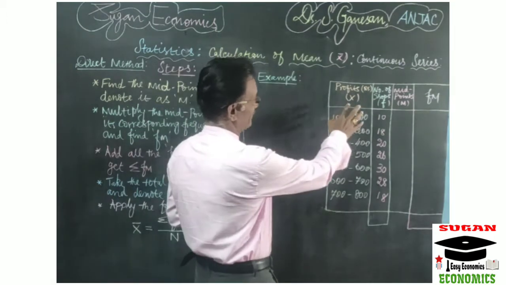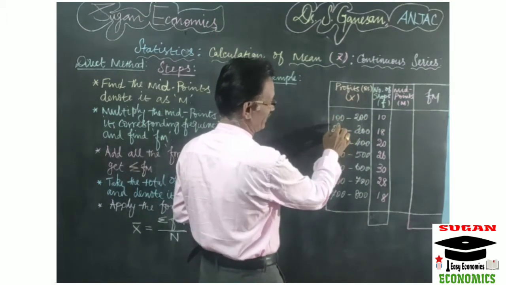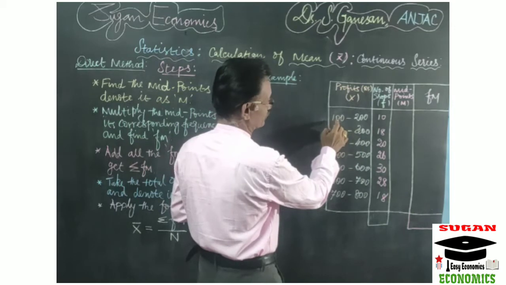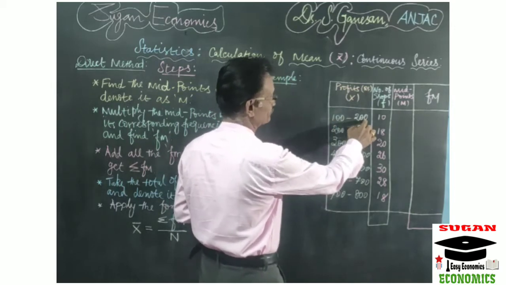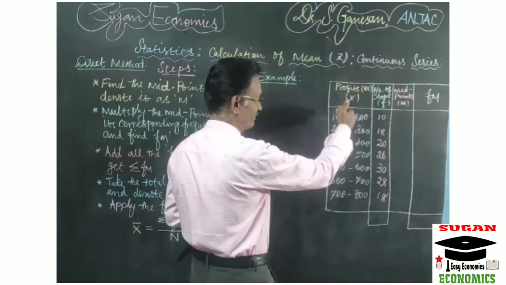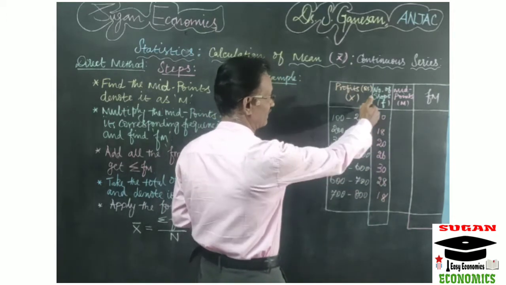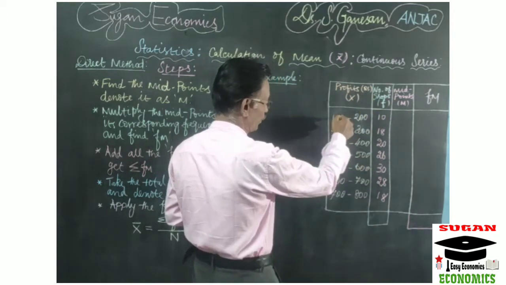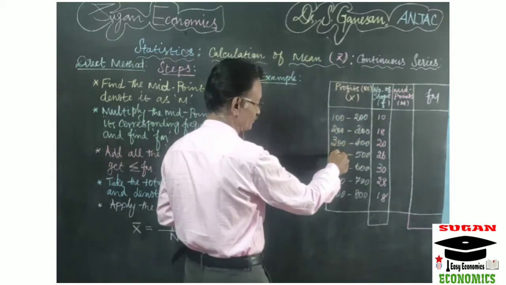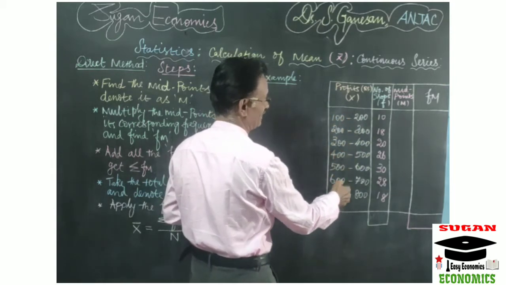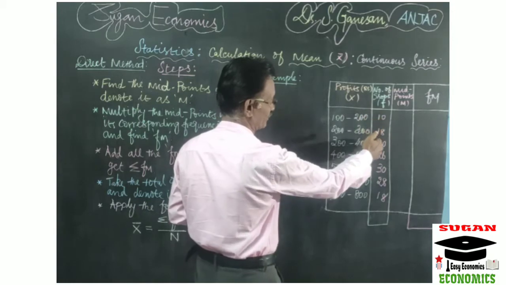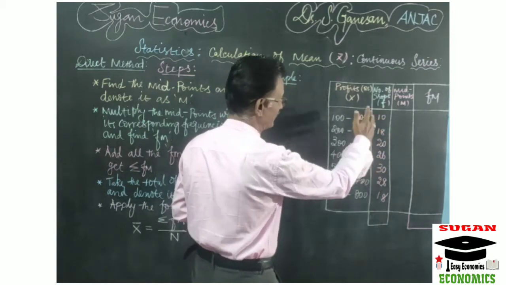For example, in our sum, profit is given in rupees, that is rupees 100 to 200. On the left hand side we have the lower limits, and on the right hand side we have the upper limits. The lower limits are 100, 200, 300, 400, 500, 600, 700, and the upper limits are 200, 300, 400, 500, 600, 700 and 800.